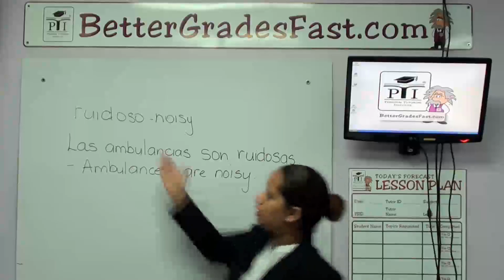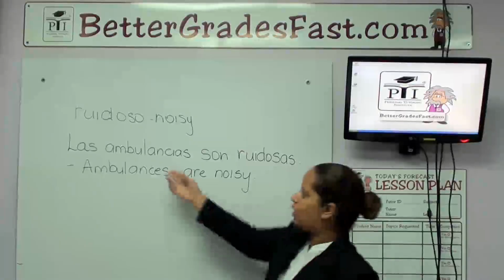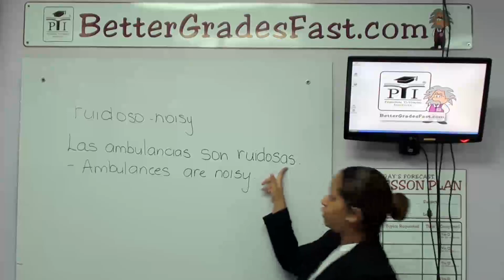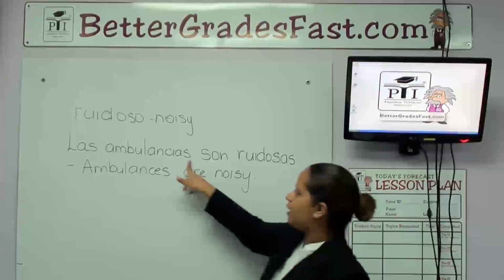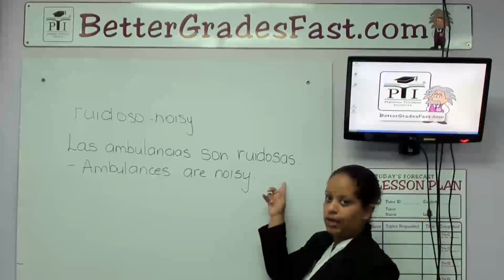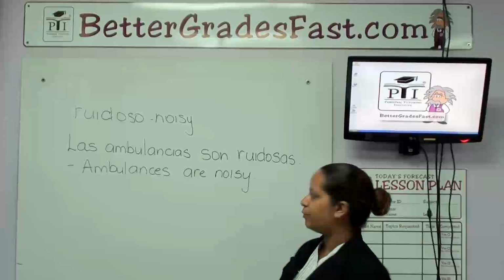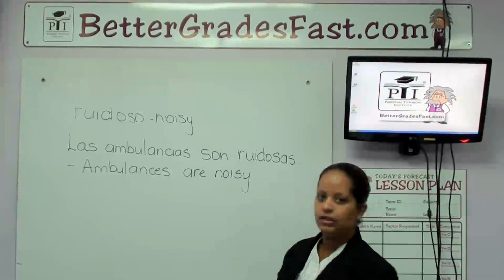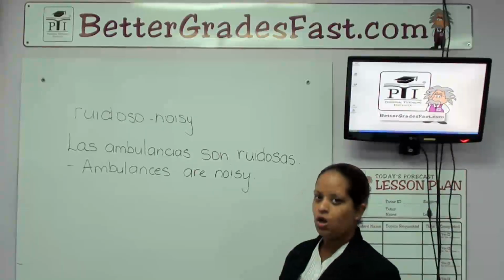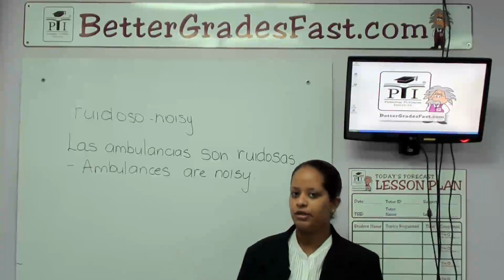Now, why did we change ruidoso to ruidosas? Well, your noun is feminine because of the A, so we also need an A for your adjective. And it is plural because of the S, so we also need an S for your adjective. So as we see here, ambulances are noisy. Las ambulancias son ruidosas.